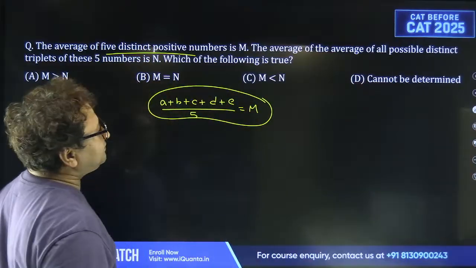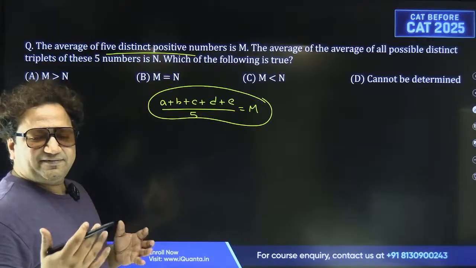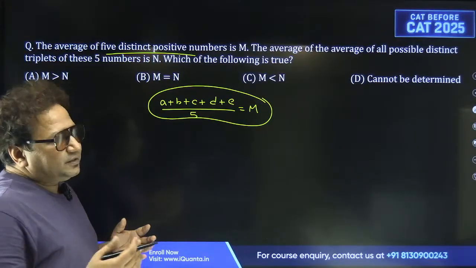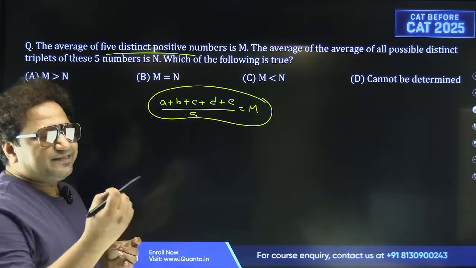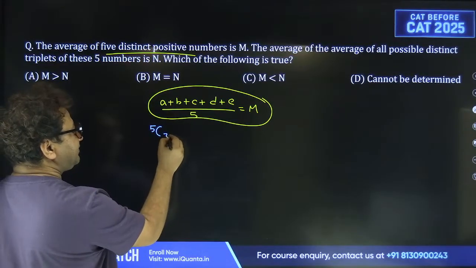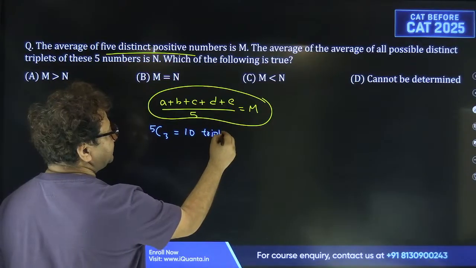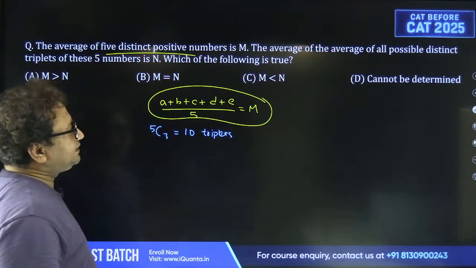Well, let's have the triplets. Now tell me something, how many triplets will be formed if we have 5 things all together, and out of which, so triplets is like I have to select any 3 out of 5. If I select 3 guys, I'll be having 5C3, that is 10 different triplets. Is that clear? I'll get 10 different triplets.